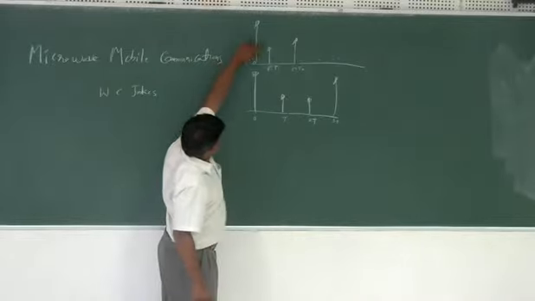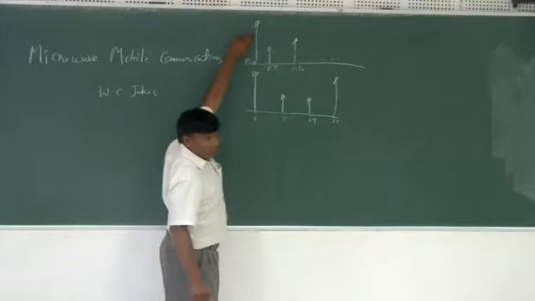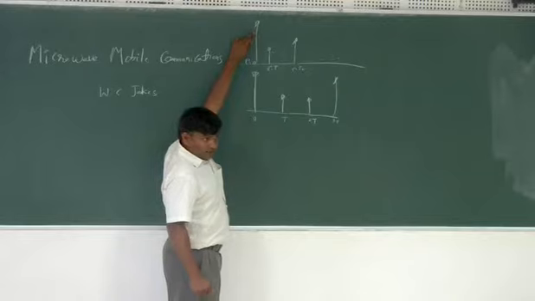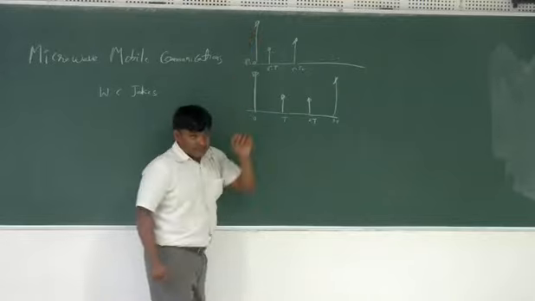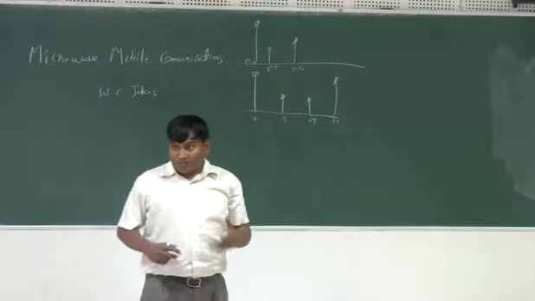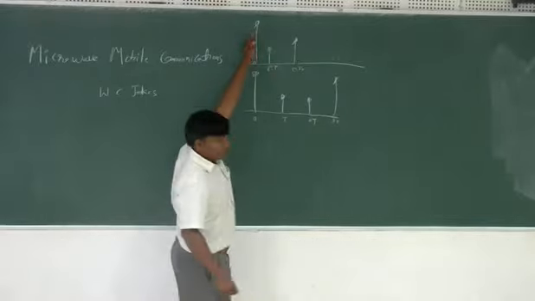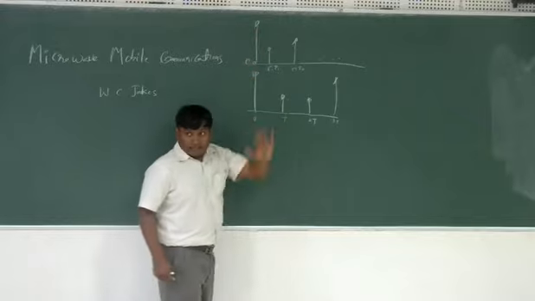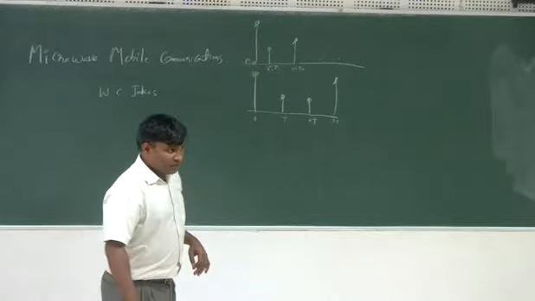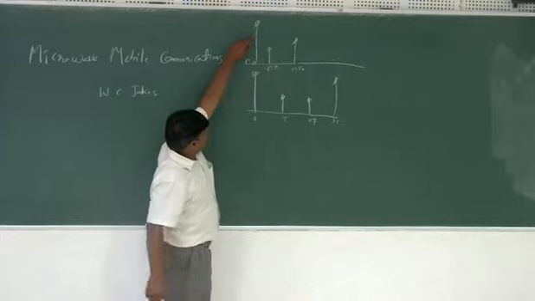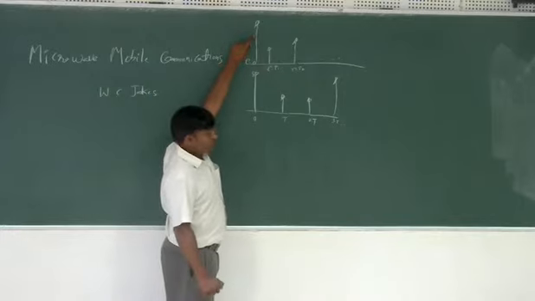Each one of the taps can be modeled as, for example, this tap can be modeled as a complex Gaussian process, okay, with a given variance. If we talk about a complex Gaussian process, then there could be a time evolution also. Let's hold on to that for a little while. Let's ignore the time variations for the time being.